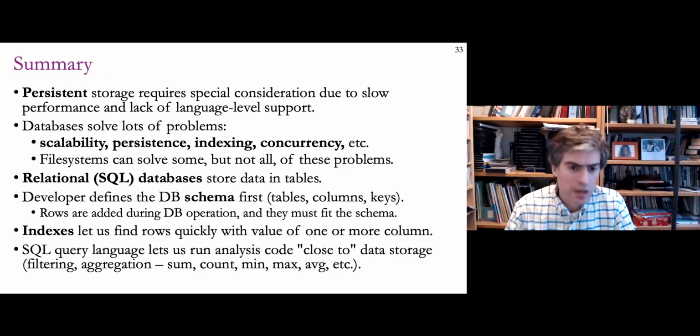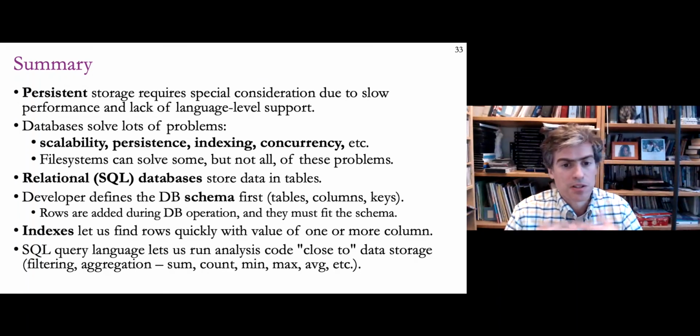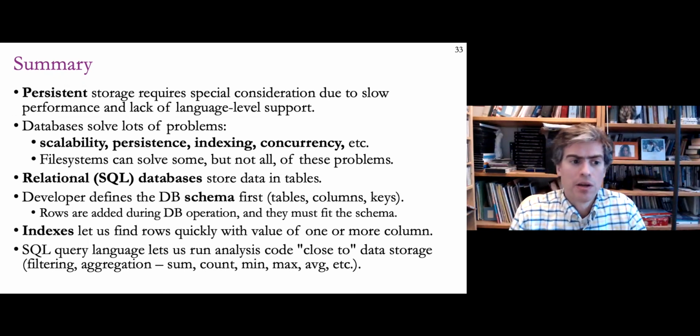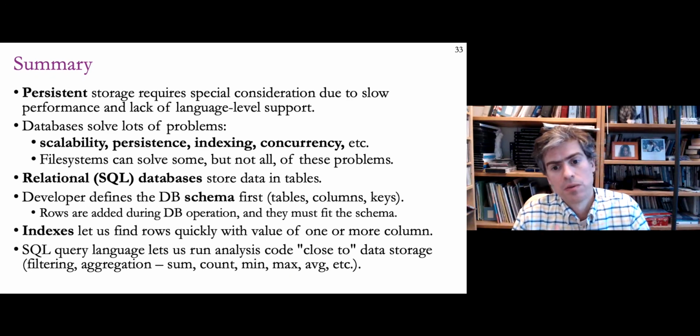To summarize, we started talking about databases, relational databases. Persistent storage is something that requires special consideration in software, both because it's much slower than in-memory storage and smaller, and also because there's a lack of language-level support for persistent storage.